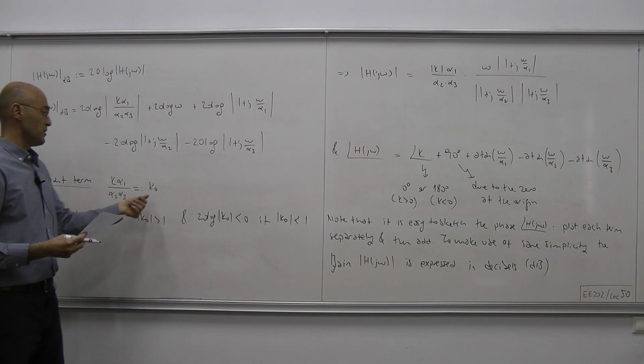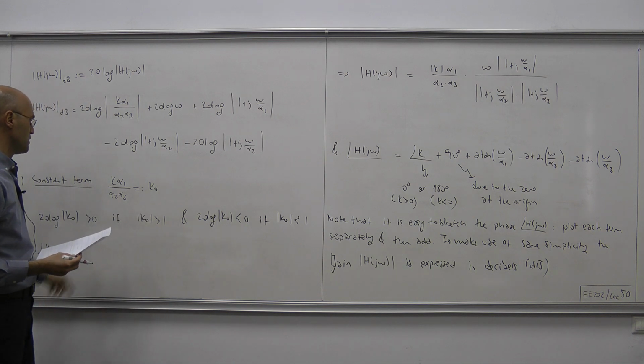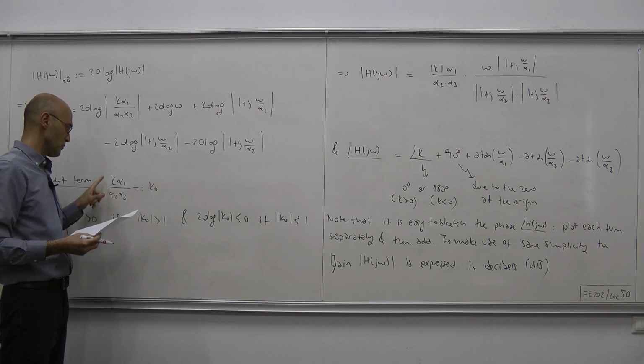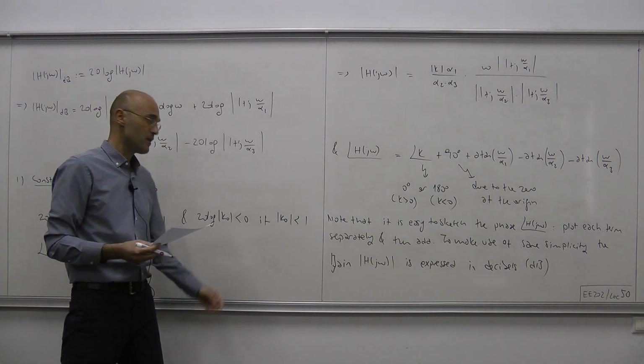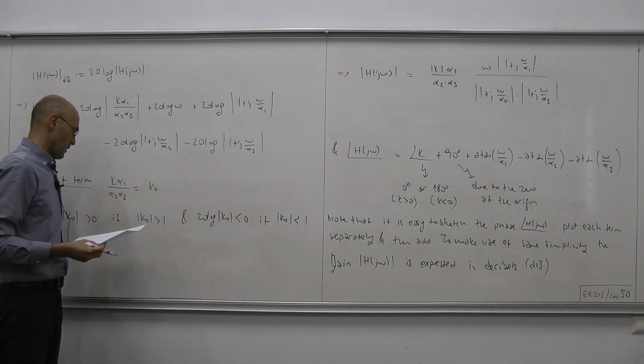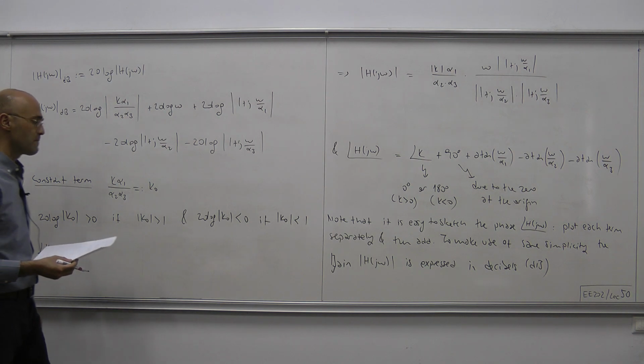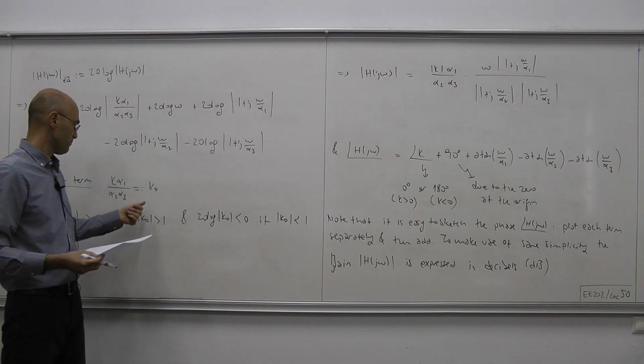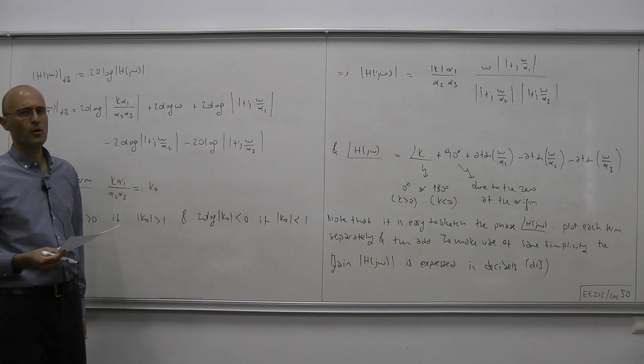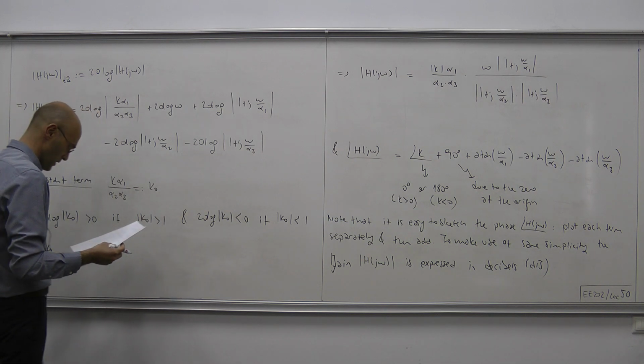Likewise, the phase of K0 equals the phase of K, because only K could be either positive or negative. The alphas are all positive. The phase of K0 is 0 if K0 is positive, otherwise it's 180 degrees if it's negative.